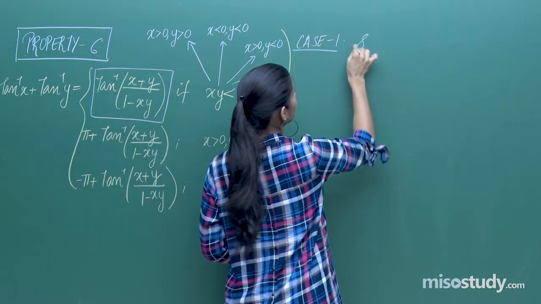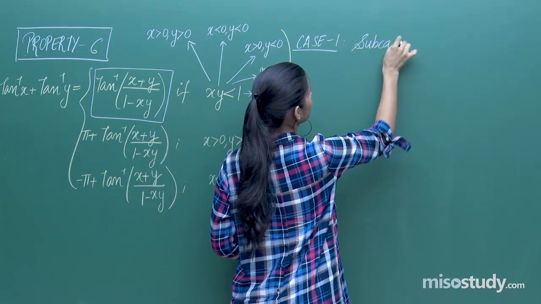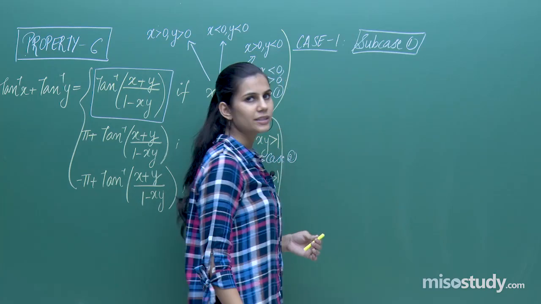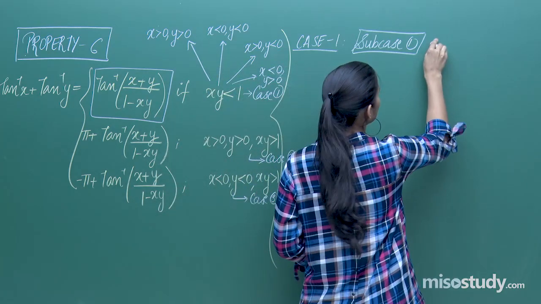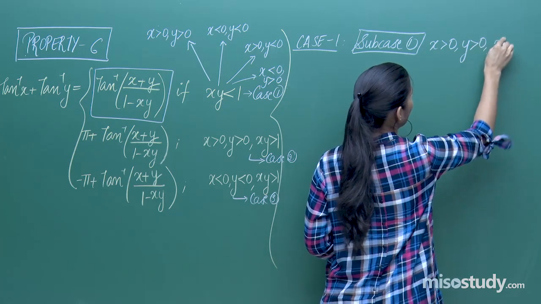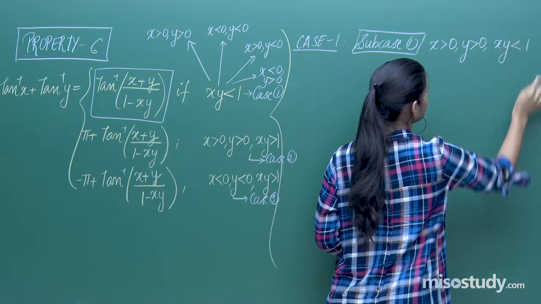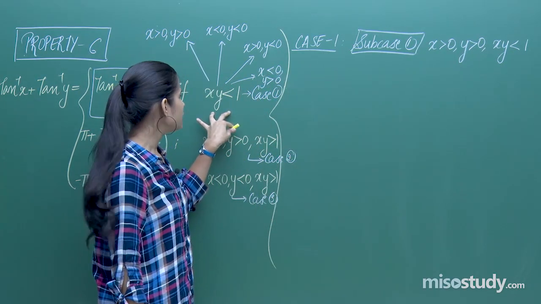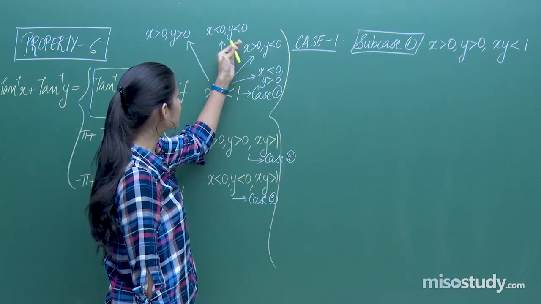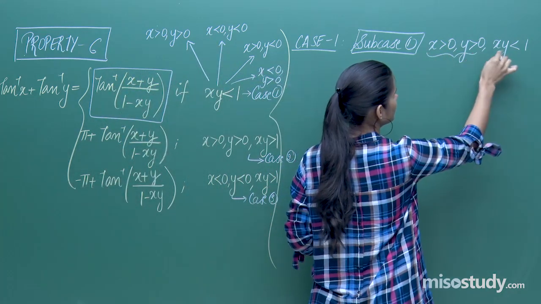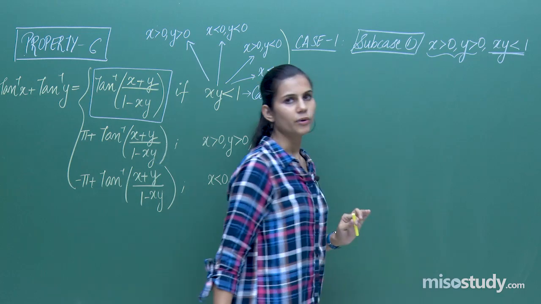Under case 1, sub case 1 is when x is greater than 0, y is greater than 0 and x into y is less than 1. So x into y less than 1 has already been suggested to me by case 1, but x into y can be less than 1 under this case, this case, this case or this case. So I am taking this case such that x into y is less than 1.